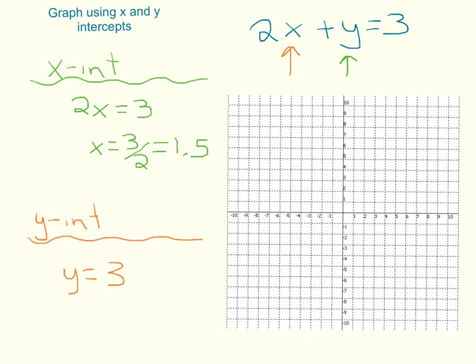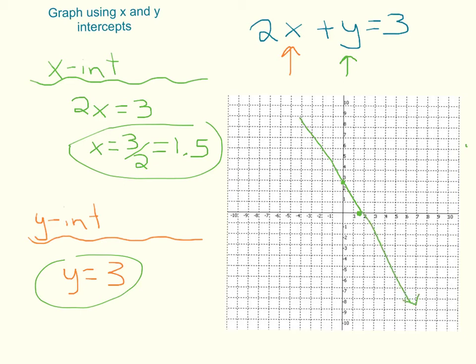So to plot those 2 points, on the x-axis we'll plot a point at 1.5. And then on the y-axis, we'll plot a point at y equals 3. And then we will connect these 2 dots and extend our line. So there we have quickly graphed a linear equation finding our x and y intercepts.